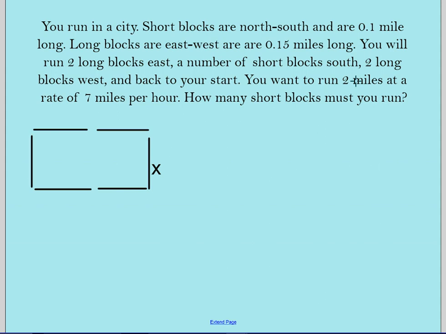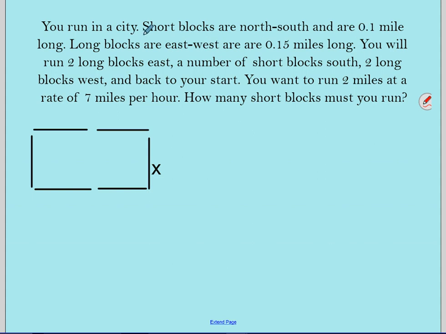You want to run 2 miles at a rate of 7 miles per hour. How many short blocks must you run? I just did a short little picture to start off with. Now I'm going to figure out what is important in this question.